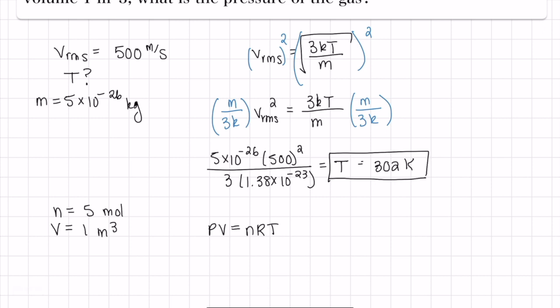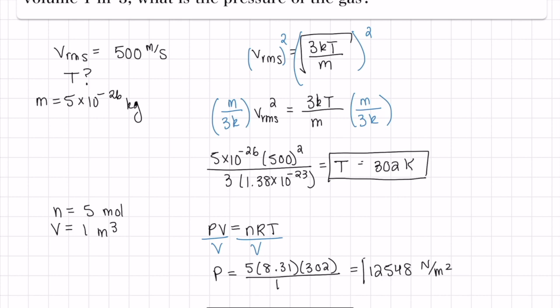So we'll divide by volume to get pressure by itself, and we'll have 5 times 8.31 times 302 over 1. And that gives me a pressure of 12,548 newtons per meter squared.